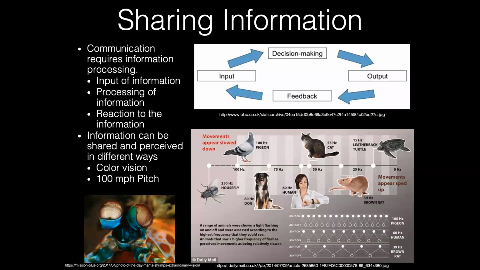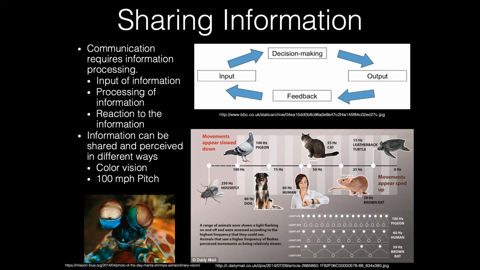It has about 16 different colors, they think. And not only that, it can individually polarize different lights and different orientations. There's circular polarization, there's horizontal, there's vertical. It has eyes that are just bizarre. So looking at the same world around us, our eyes would see a completely different picture than what the mantis shrimp would see, because it has access to a wide variety of different visual cues that we don't.